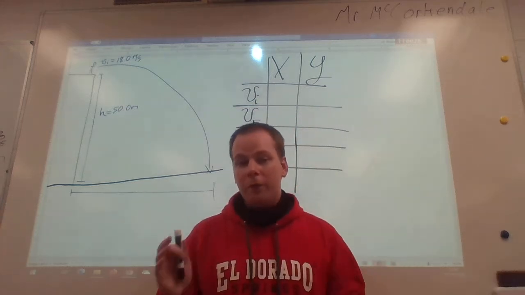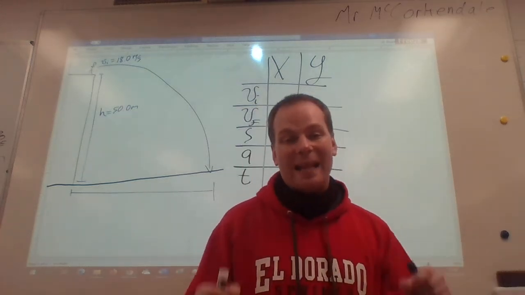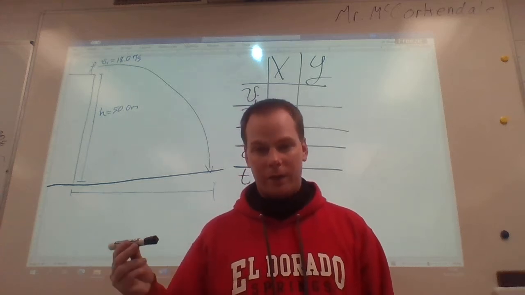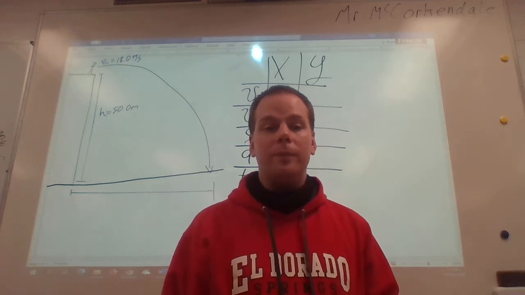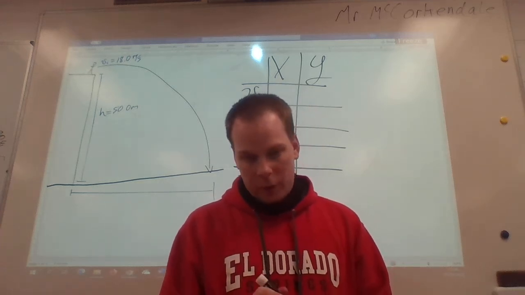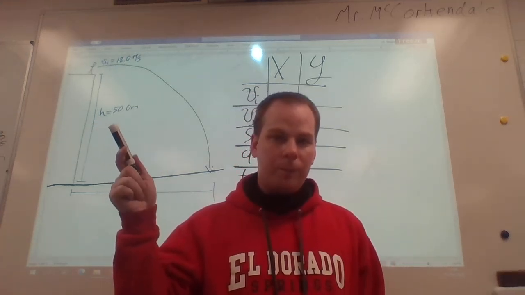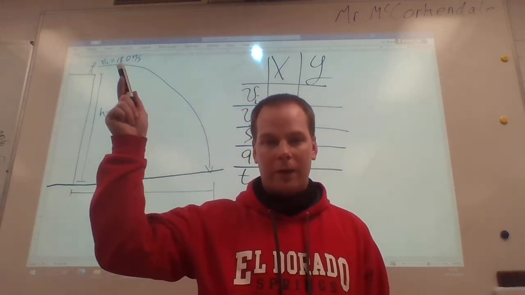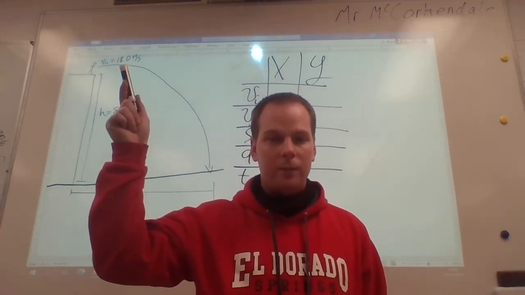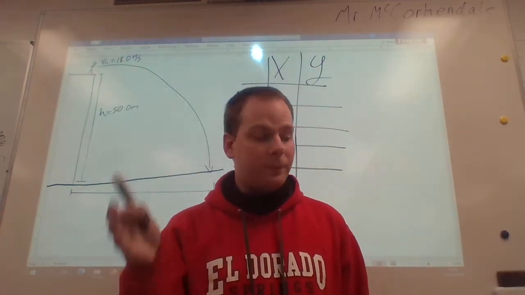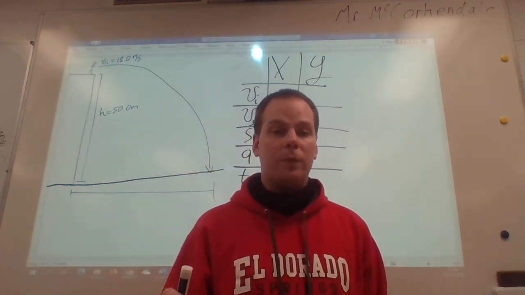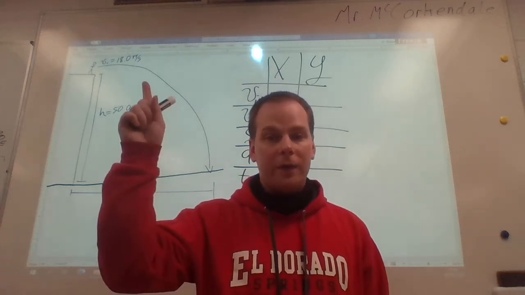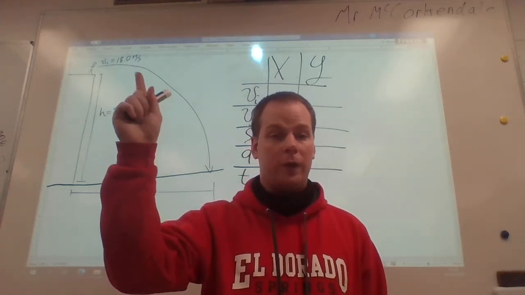Okay, but both of those motions are happening at the same time as it travels in an arc, but we can measure them separately. So when we look at this problem, the first thing that you really need to pull out is this thing right here, the 18 meters per second. The object is thrown horizontally at 18 meters per second, which means that this is not the total velocity.